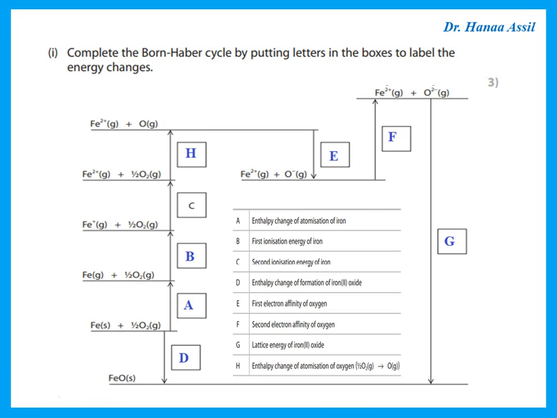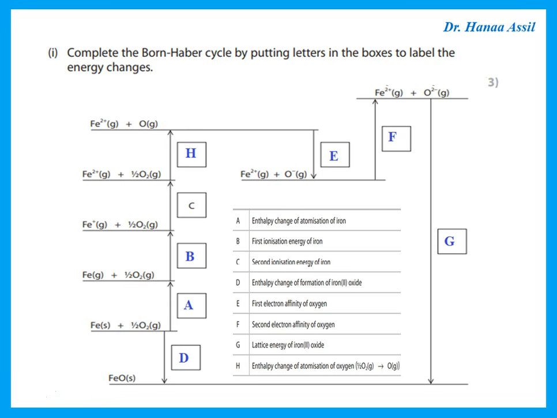You should realize that A is the enthalpy change of atomization from Fe solid to Fe gas. B is the first ionization energy of iron, that is changing Fe to Fe plus. H is the enthalpy change of atomization of oxygen, because we have O2, half of O2 changing to O gas from molecule to atom, so this is atomization.